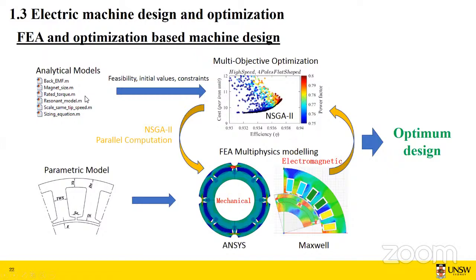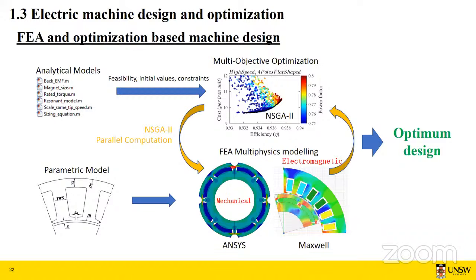We can use all of those analytical models, tools and equations to predict the feasibility of a design, like whether this design is practical or not. Sometimes we may get the request, can you design a motor with this power and that speed? We can just quickly go through the analytical models so we can give a very quick answer: that's doable or not.